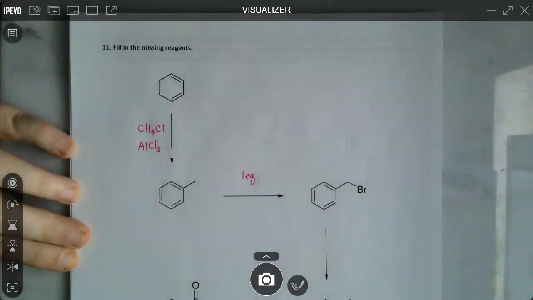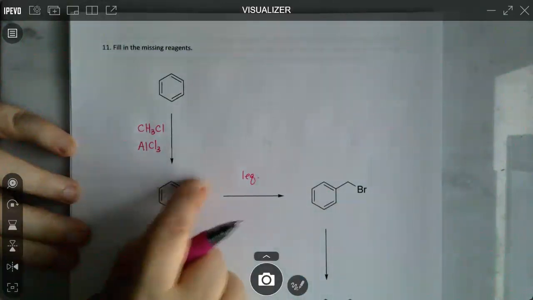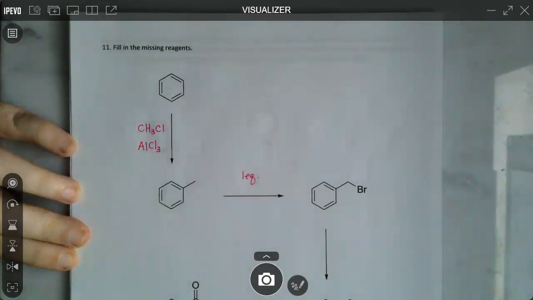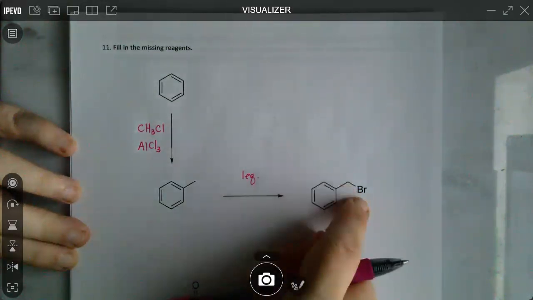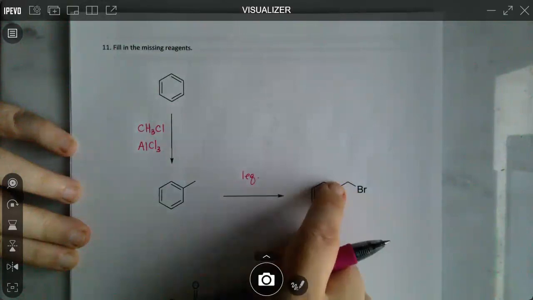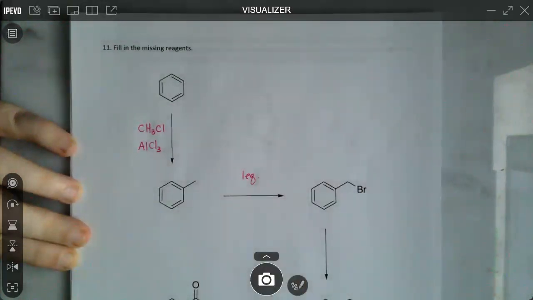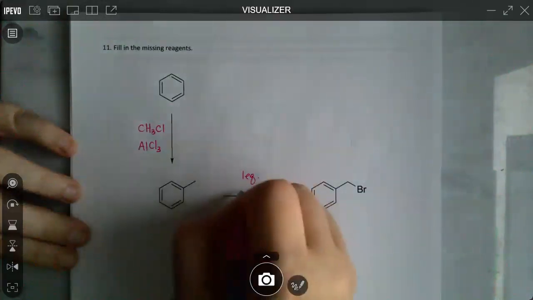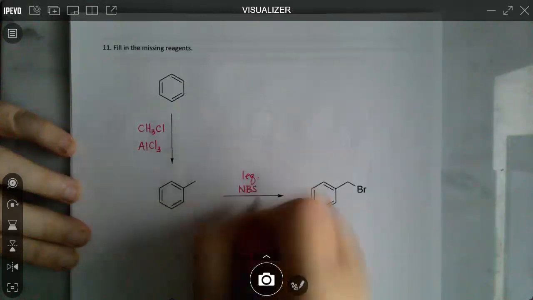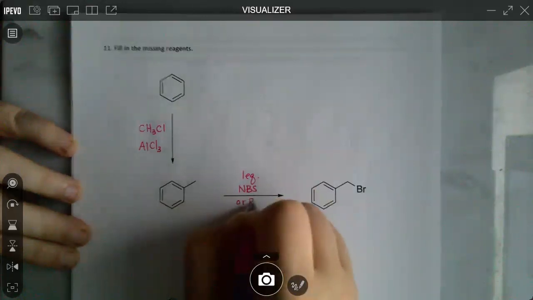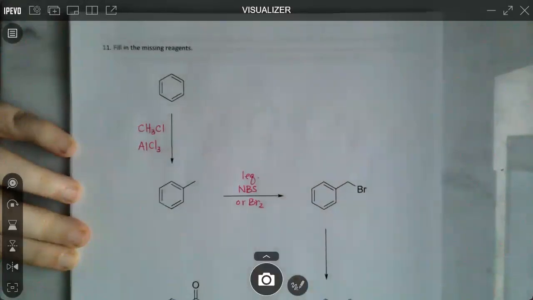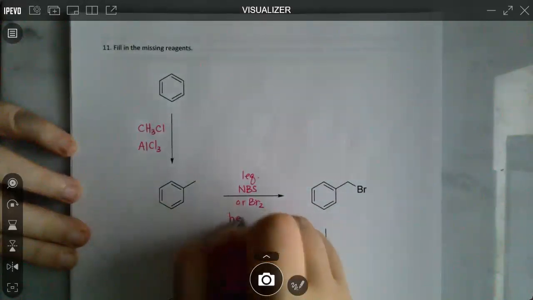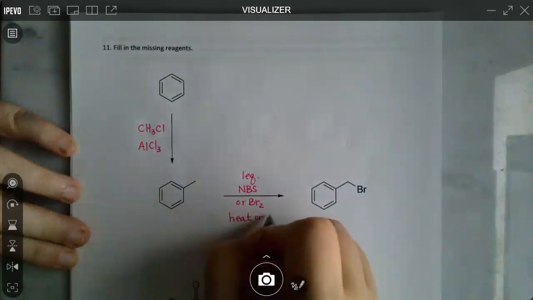We would need to be careful to add only 1 equivalent because there's 3 hydrogens here, which could all potentially be replaced with a bromine. And if we had excess reagent around, then we would get up to the triple halogenated product. So 1 equivalent of NBS, or Br2, and typically heat or light is mentioned.